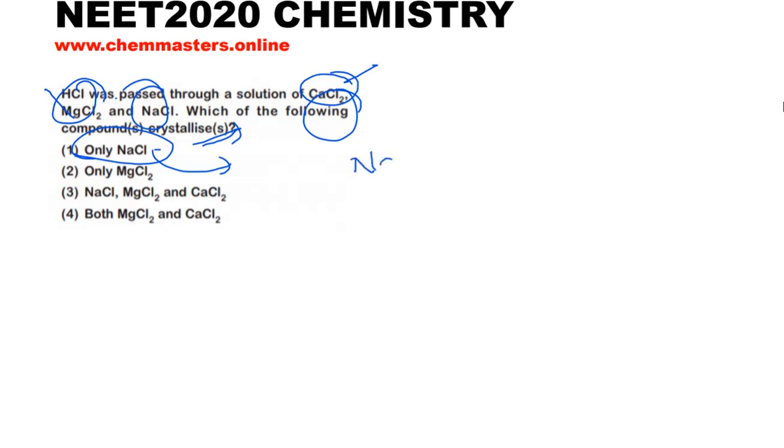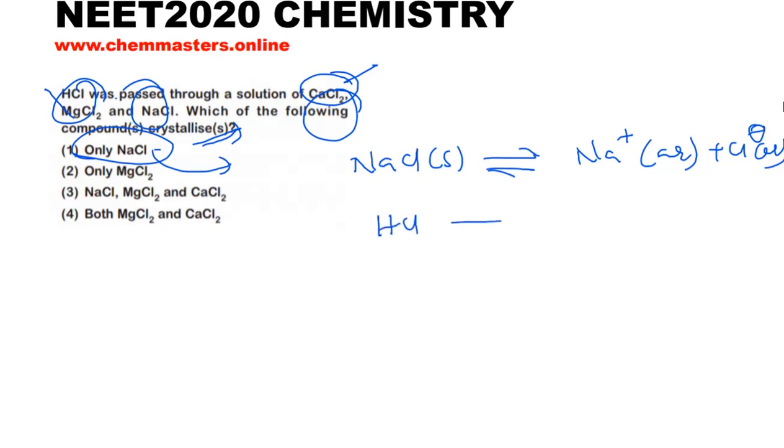Now, when you take NaCl solid in water, then it produces ions as Na+ and Cl-. Now, when you add HCl to the given aqueous media of NaCl, then HCl produces ions as H+ and Cl-.